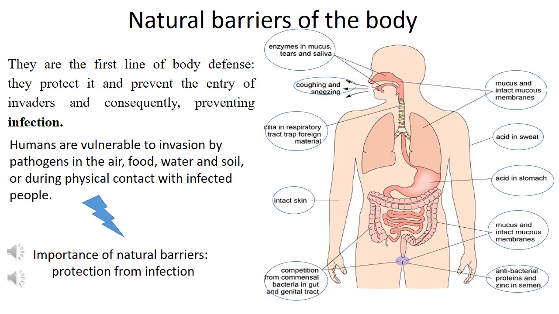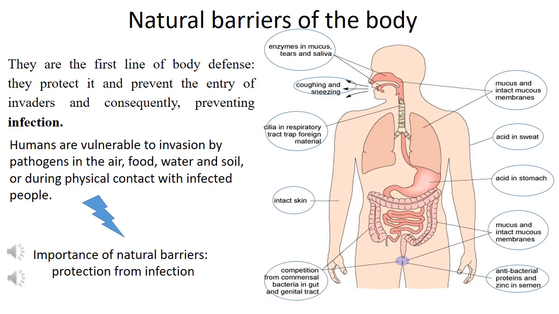And that's why you see in this figure the mucus and the intact mucous membranes of the respiratory system. Also, you see the mucus and the intact mucous membranes of the digestive system.